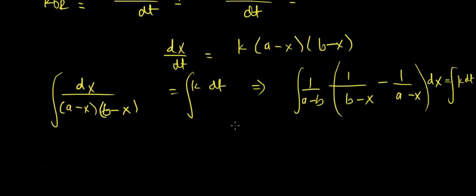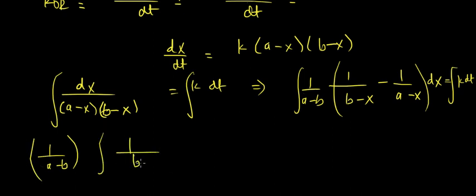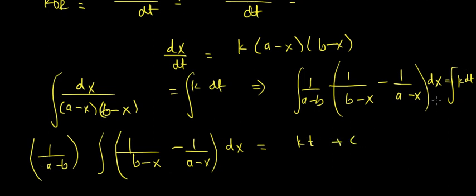Okay, so a minus b is just a constant, so I am taking it out of the integration term, and then we have to evaluate the integral of 1 upon (b minus x) minus 1 upon (a minus x) dx, which should be equal to kt plus c. I am directly writing the output on the right hand side.